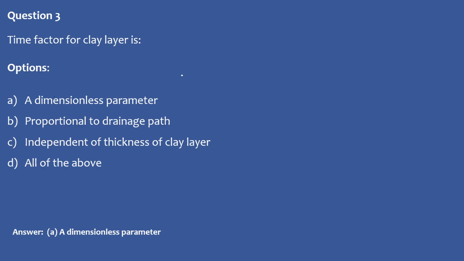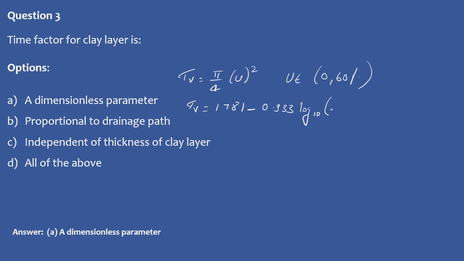The time factor is given by pi by 4 multiplied by U squared, where U lies in a range of 0 to 60 percent. And for another case, your time factor is 1.781 minus 0.933 log 10 of (100 minus U percentage).